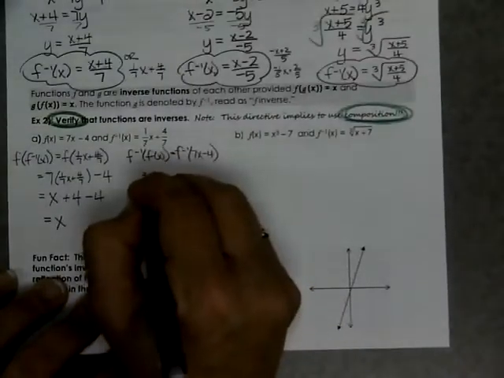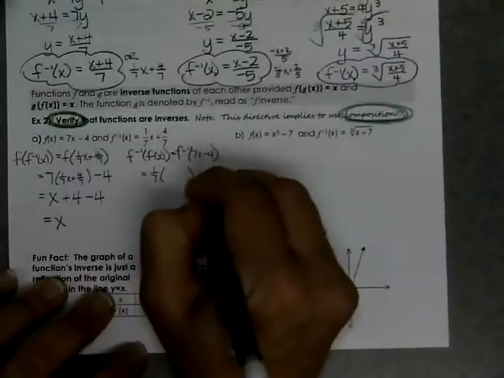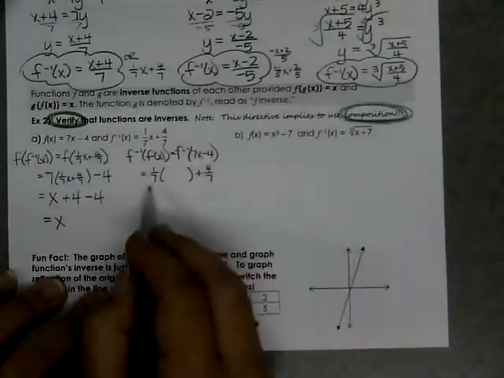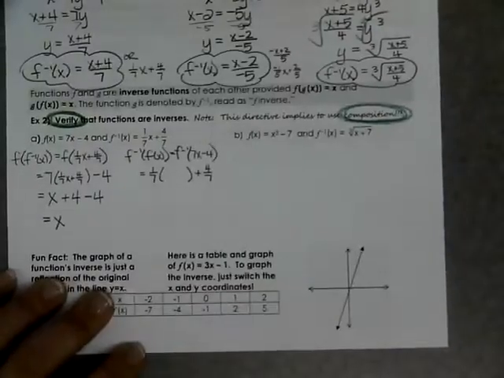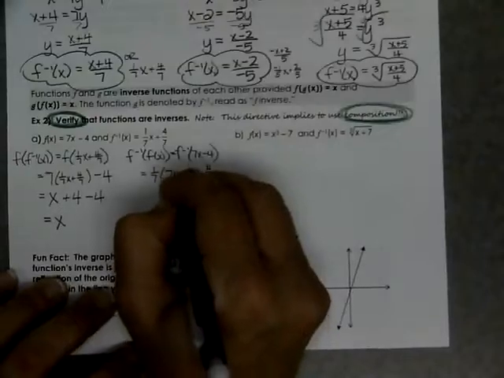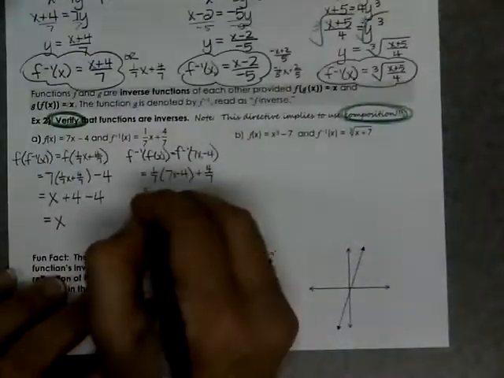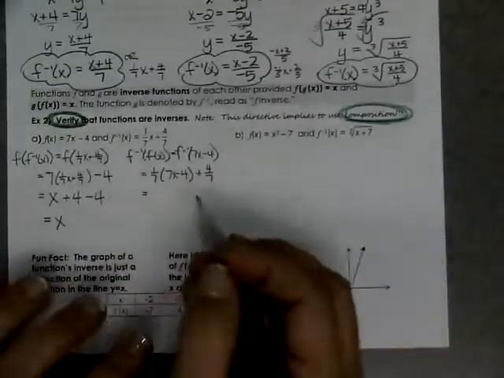Again, based on what we talked about with composition, that means we're taking the rule for f inverse, which is 1/7 times something plus 4/7, and putting the f of x in. So I'll put in the 7x minus 4, and now let's simplify.